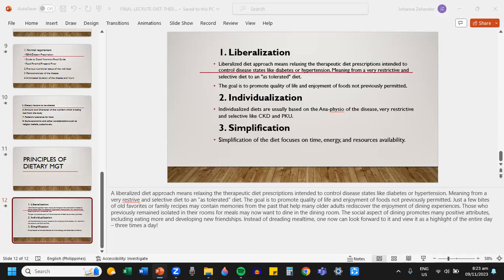Third, we have simplification. Simplification of the diet focuses on time, energy, and the availability of resources.